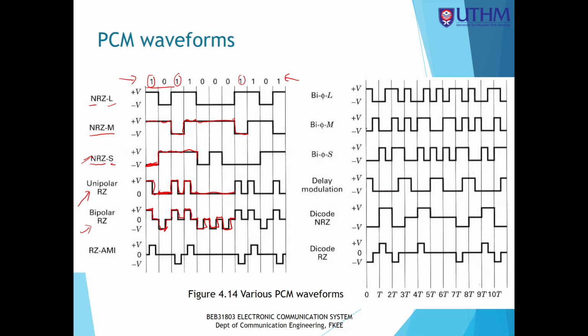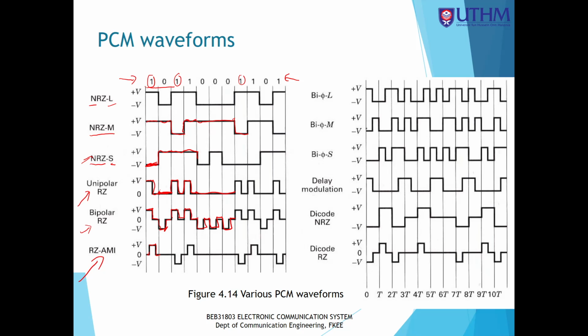Okay. And then return to 0 alternate mark inversion. Okay. So dia akan berlakunya perubahan transition setiap kali adanya input bit 1. Dalam kes ini dia adalah dua polarity, bipolar. So you see that here, for example, the first input, output is positive and then return to 0.